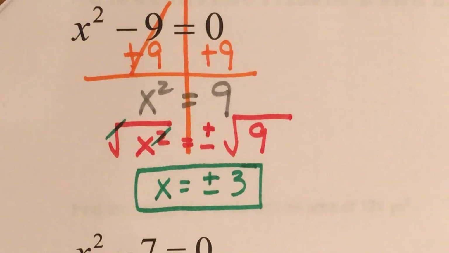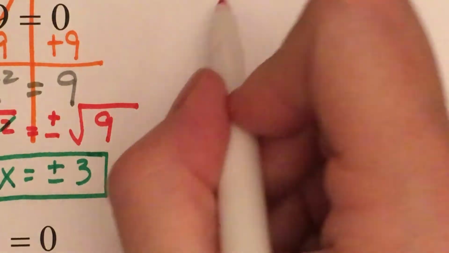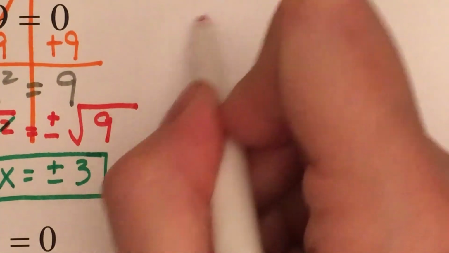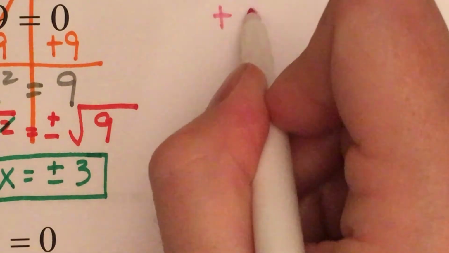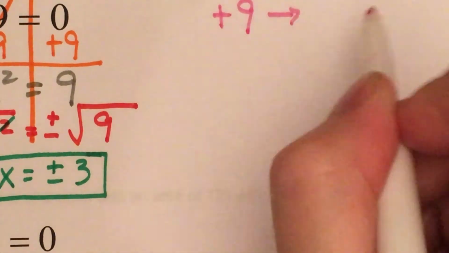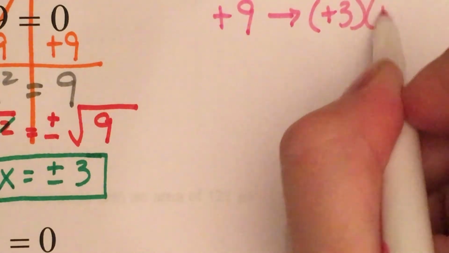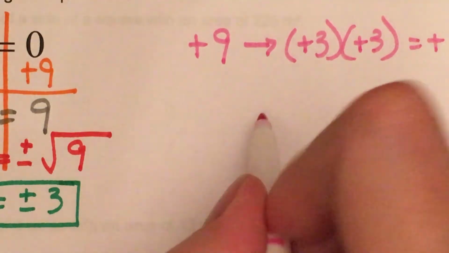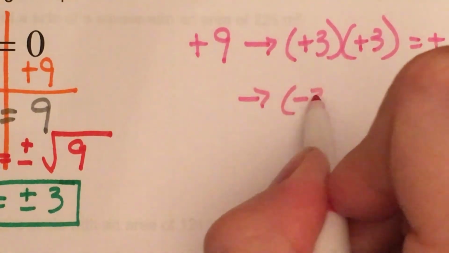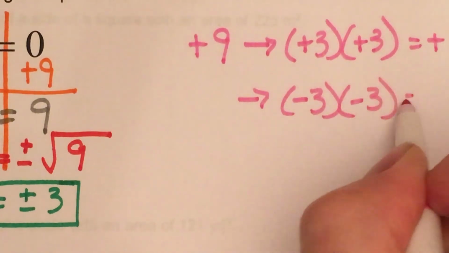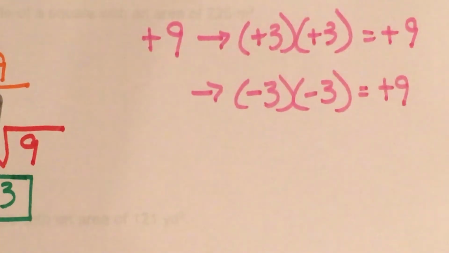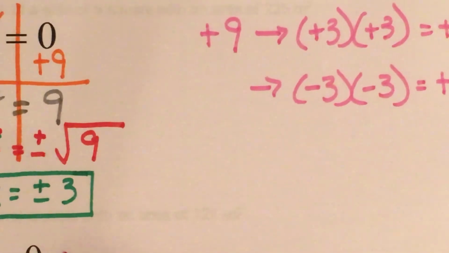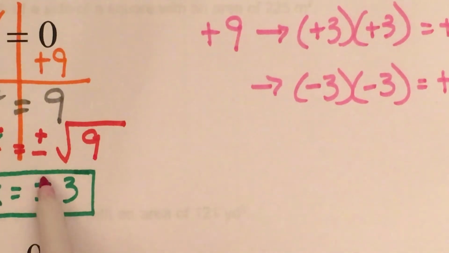So let's find out what's going on real quick with this plus and minus business. So if I had wanted to create, this is a positive 9. Positive 9 could have come from a positive 3 times a positive 3. Yeah, that makes positive 9. Or it could have come from a negative 3 times a negative 3 to make a positive 9. And we are acknowledging both situations with this plus and minus.